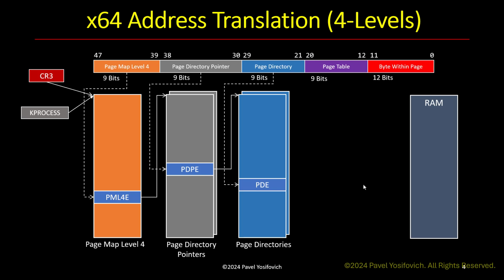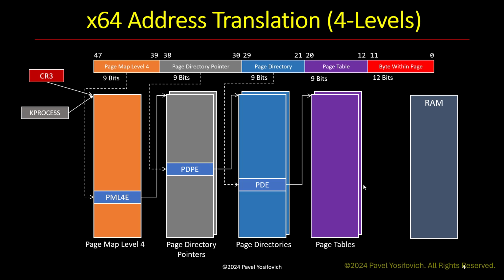We select another entry within that page directory based on the next 9 bits in line, which is going to point to a page table, the last piece of the puzzle in terms of translation. So now the only thing left to do is to use the other remaining 9 bits to select a particular page table entry, which will finally point to the beginning of a page in physical memory.